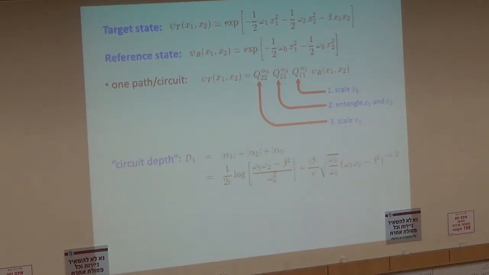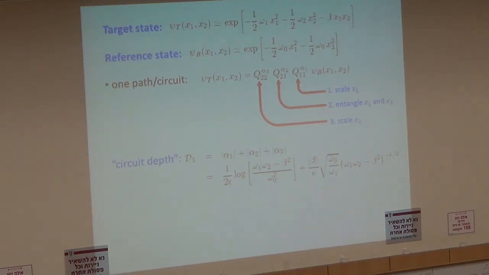And then you add up the exponents, or you actually add up the absolute value of the exponents. That's what you might call the complexity, but this is really only one sample circuit. It's not the optimal circuit, and so I'm going to call it the circuit depth. I'm going to steal some words and use them inappropriately, but I'll call this the circuit depth just to make sure that we don't confuse it with the optimal circuit, or the length of the optimal circuit.